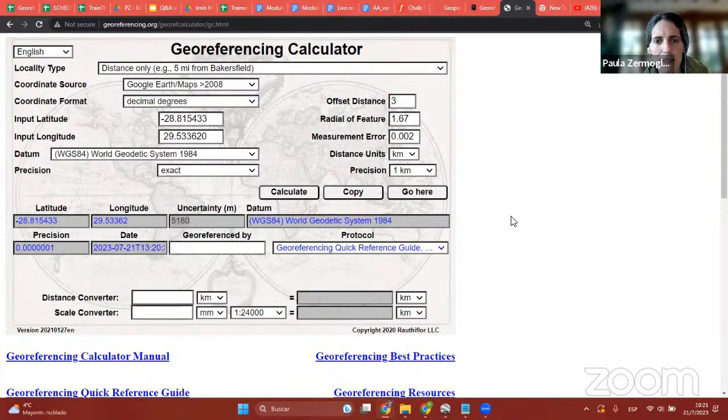Ideas? Boucherie says the radial of the feature. Any other?